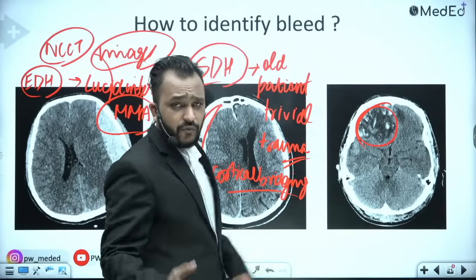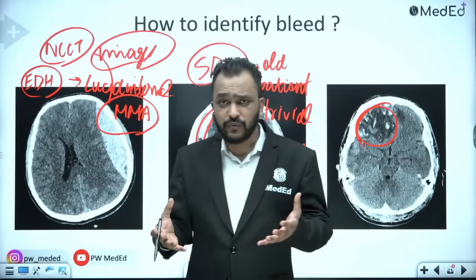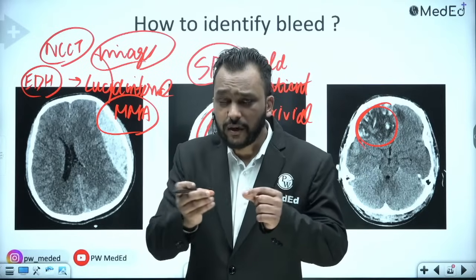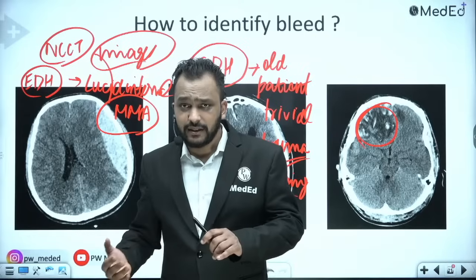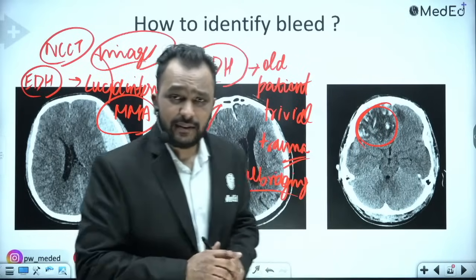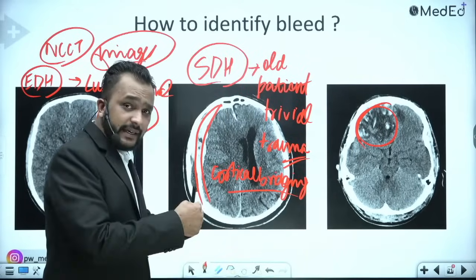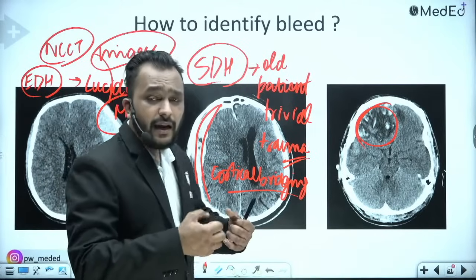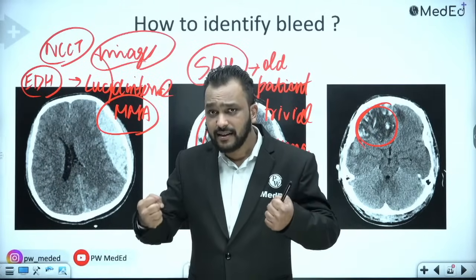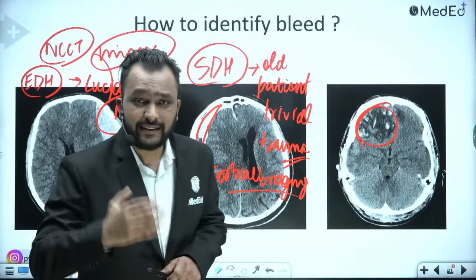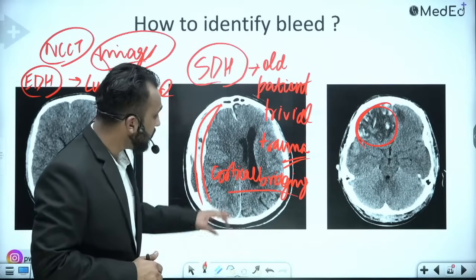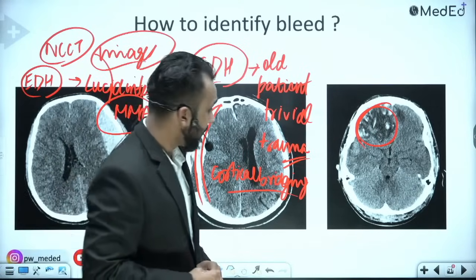In old patients, what happens? There is atrophy of the brain, and because of this the cortical veins which are traversing from the brain into the superior sagittal sinus get stretched, and when these veins are stretched, they are very prone to rupture, and that is why with trivial trauma also they can have a subdural hemorrhage.